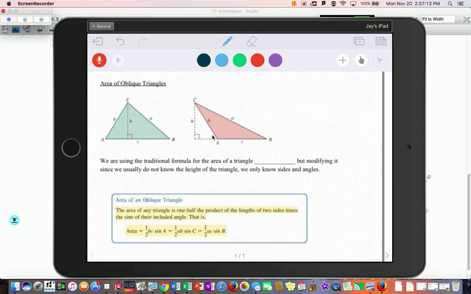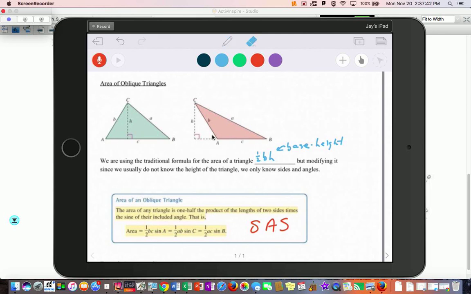So what we're talking about is this is 1/2 base times height. But instead, I would tell my students, memorize this formula. And this is going to work when we have side, angle, side.